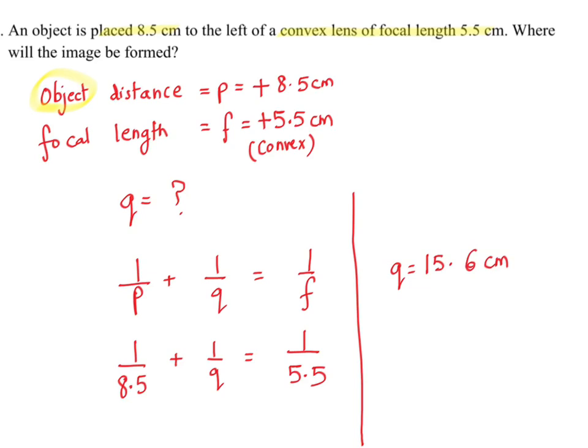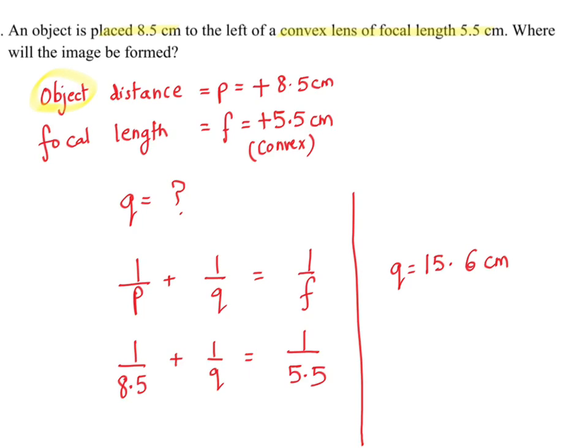You can see I have not converted the units because all of them are in centimeter, and I can write my final answer in centimeter. If I want to convert this into meter, I can divide that by 100, which will give me the answer as 0.156 meter.